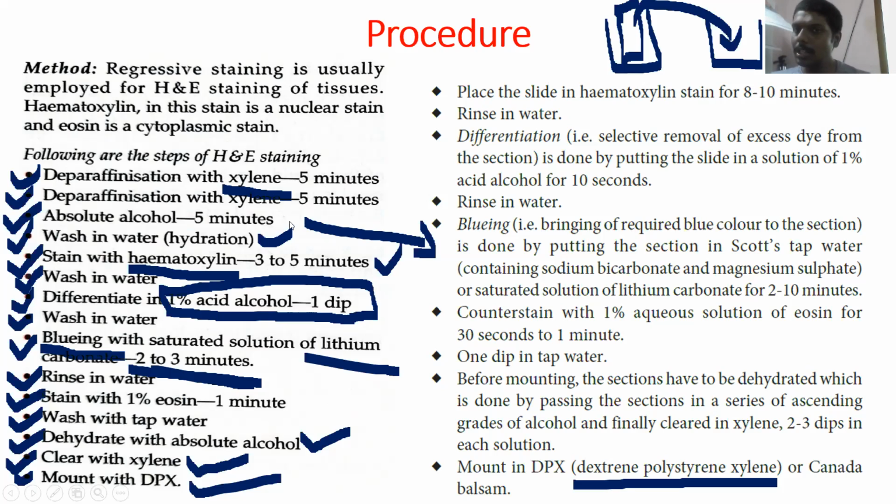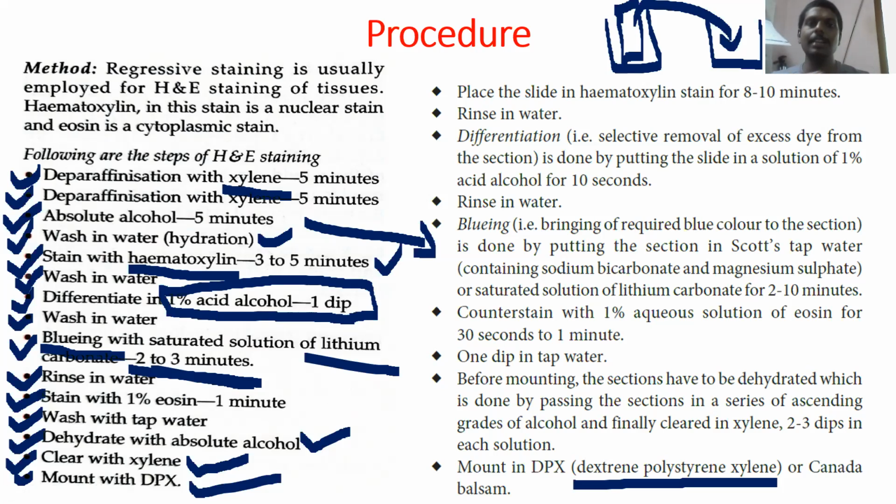Then we will incorporate water into the section. We know that we removed water from the section during processing, right? Now we need to rehydrate the section. This rehydration happens in descending order. First we suspend the tissue in 100% alcohol, then 95, 80, 70, 60, 50, 30, 20. Slowly we incorporate water into the section.